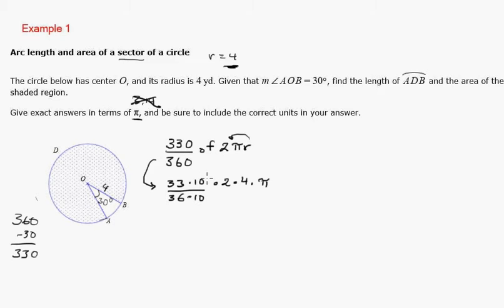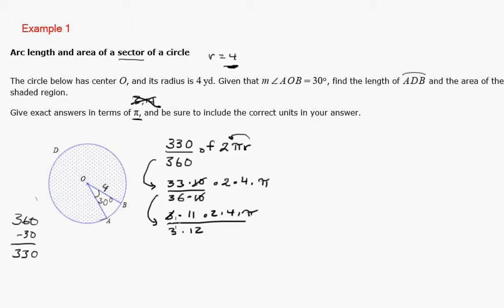So the 10s go away. I think I can go further; there are different ways of doing this. I see 3 times 11 times 2 times 4 times pi, divided by 36, and 3 goes into 36, 3 times 12.